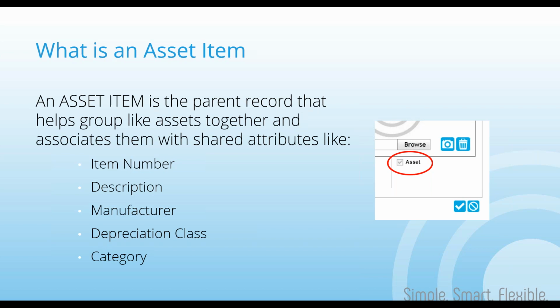An asset item is the parent record that is first created within IntelliTrack to allow the system to organize or group individual assets together by commonly shared attributes, things like item number, description, manufacturer, depreciation class, category, etc. An asset item only exists within IntelliTrack when the asset checkbox, which you see a little screenshot of in front of us right now, is enabled for the given item, and that happens on the Add Edit Item form.